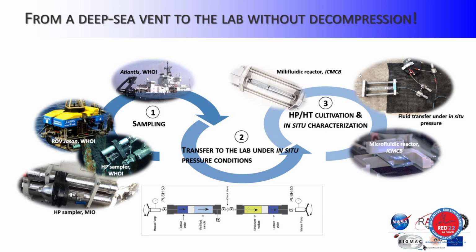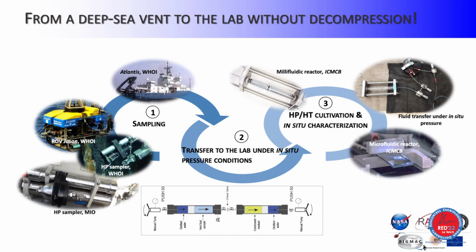But the challenge here is to be able to grow them and characterize them without any decompression. So in the lab, we developed different tools to transfer the deep sea samples into specific high pressure tubing, where you can see through them and characterize them with spectroscopic techniques without any decompression.